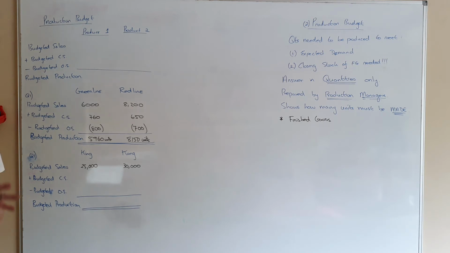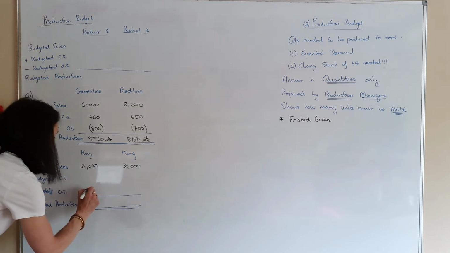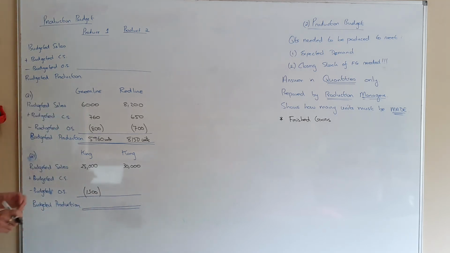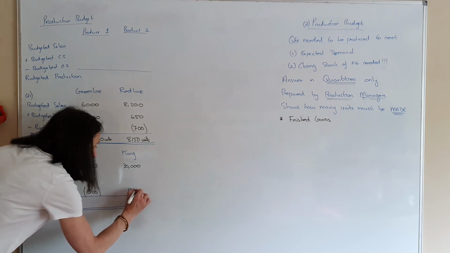So whatever your opening stock is, they're just telling you there that your closing stock has to be 15% more. So for stock of finished goods, again, you can only deal with finished goods because these are goods that you're making. So your opening stock, you have 1,300 of King already made, and you have 1,240 of Con already made.